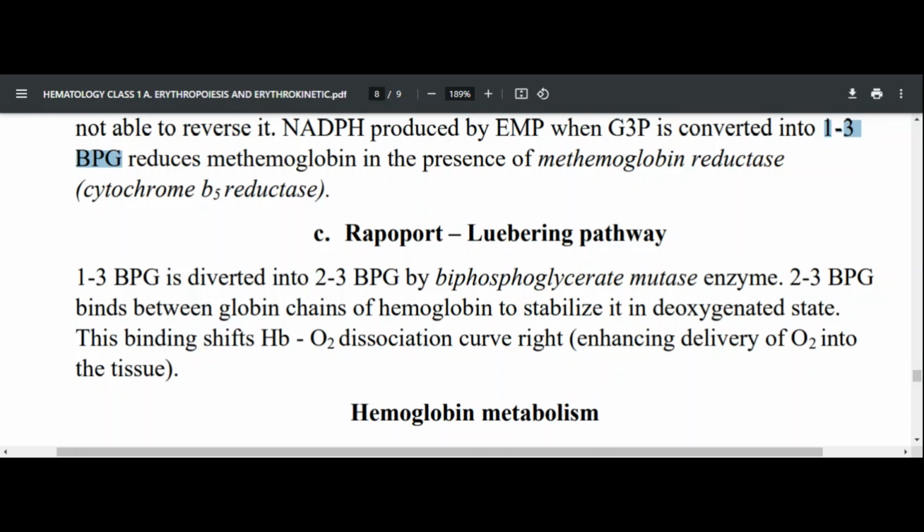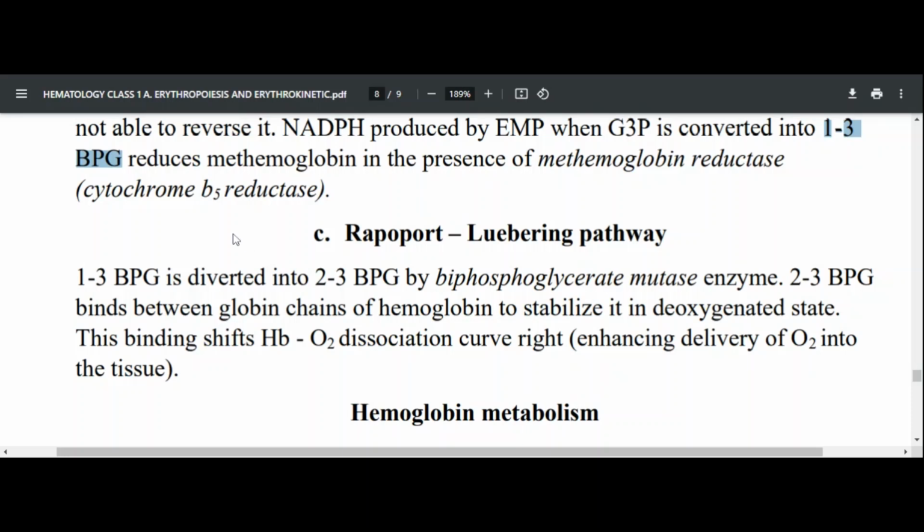Binding of this molecule will shift the hemoglobin oxygen dissociation curve to the right. That is what we call right shift. Right shift is going to increase oxygen delivery in tissues.